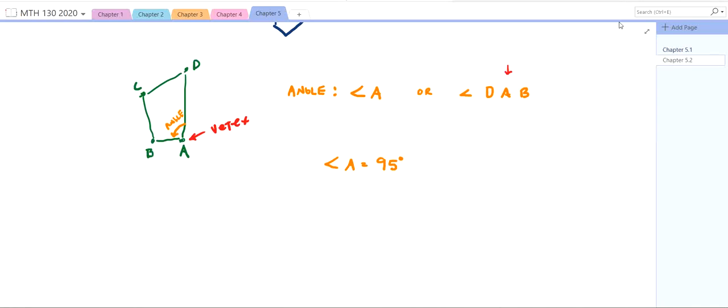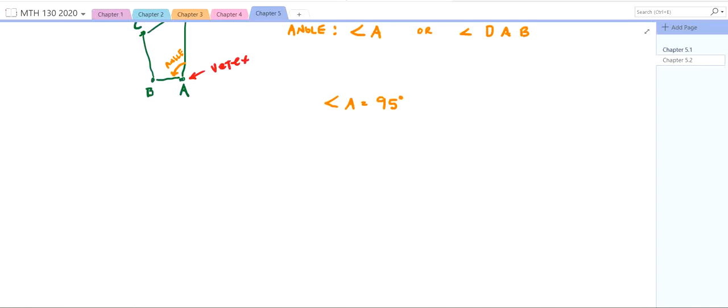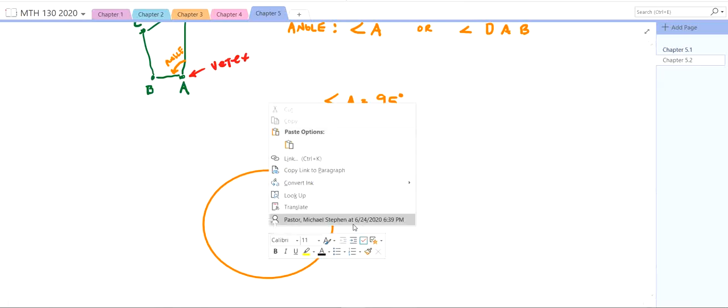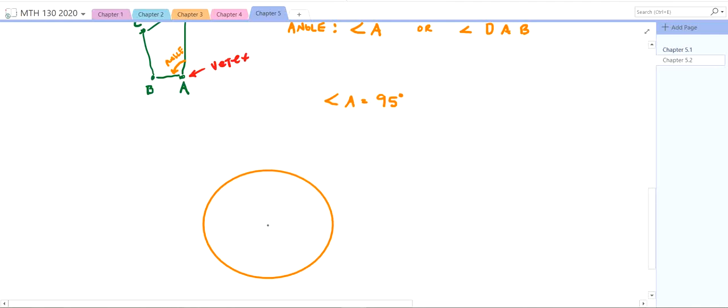So we could draw an angle inside of a circle. This will help us understand how we develop these sorts of things. So suppose I do my 95-degree angle and I draw it inside this circle.